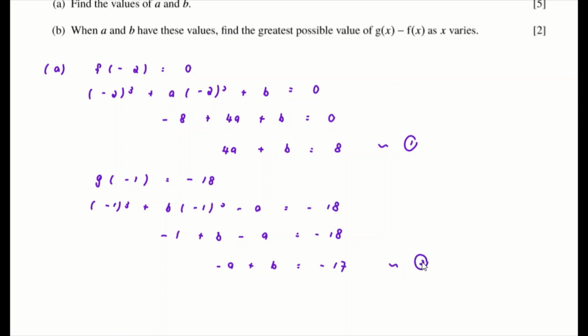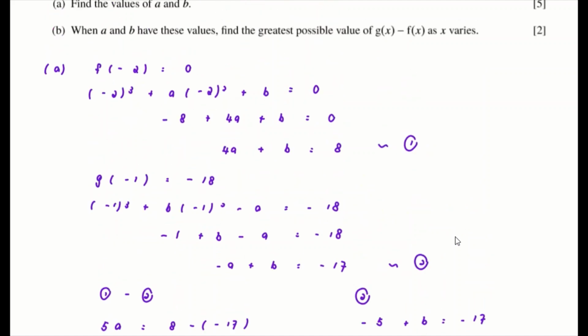By solving the equations, I guess you're supposed to have no problem with this. Adding them, we get 5a equals 8 minus negative 17, so a gives us 5. Then continue: negative 5 plus b equals negative 17. So b is negative 17 plus 5, which is negative 12. Okay, so that's how you get these two answers.